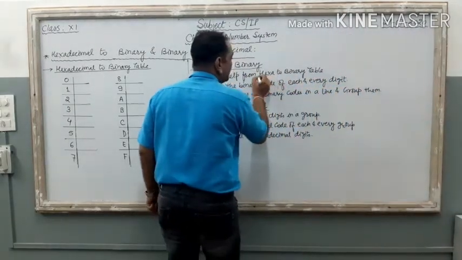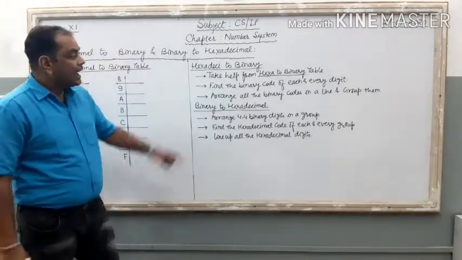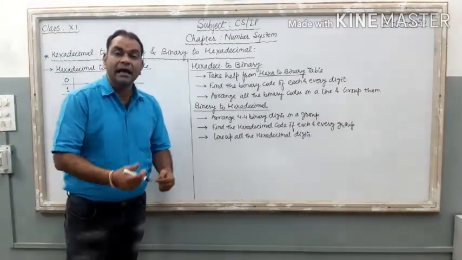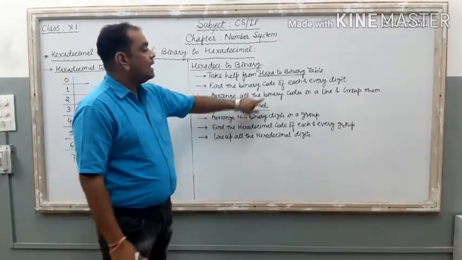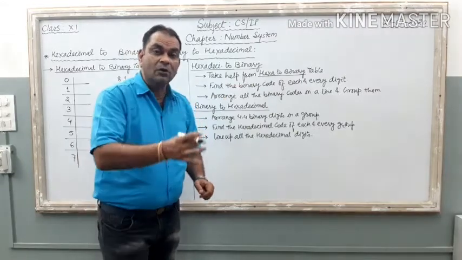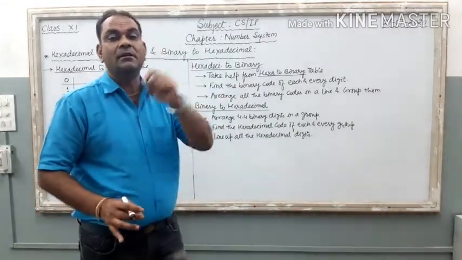And if you want to convert binary to hexadecimal, again you should take help from the hexadecimal to binary table to find out the proper binary code of each and every hexadecimal value.